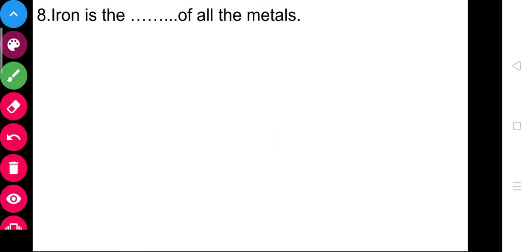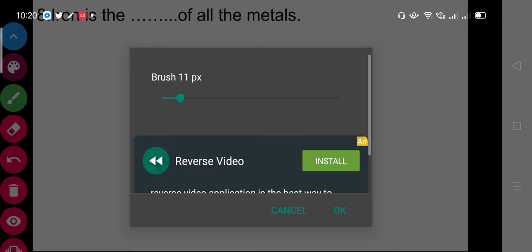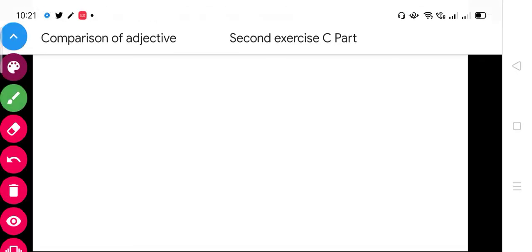Now the next one: iron is the dash of all the metals. For this, I would explain like this: we use iron day to day, and we can see it all around the world. It is used in plenty. If it is used in plenty around us, that means it's quite useful.